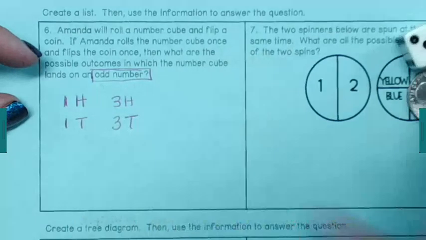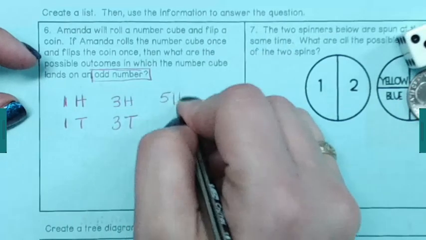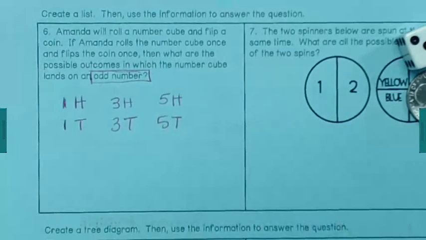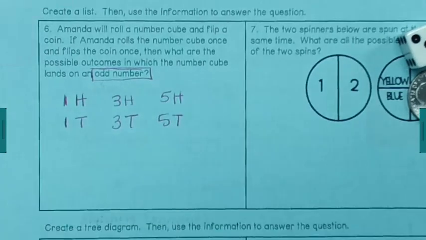What's the last one? 5 heads and 5 tails. So I couldn't get a 2 tails or a 6 tails because it has to be odds and the coin. So how many different things are there that could happen? 6. Yep. Everybody okay with that?